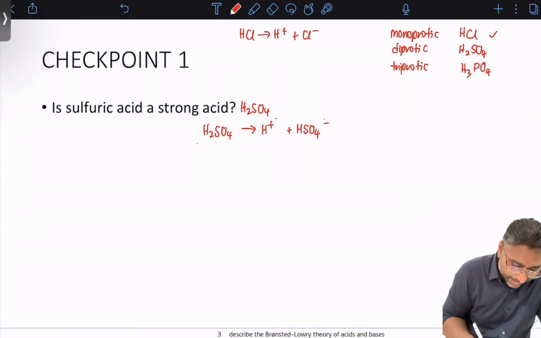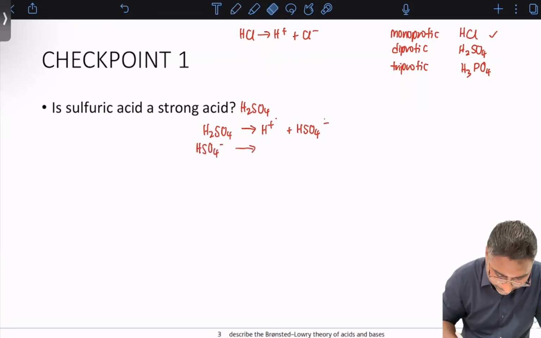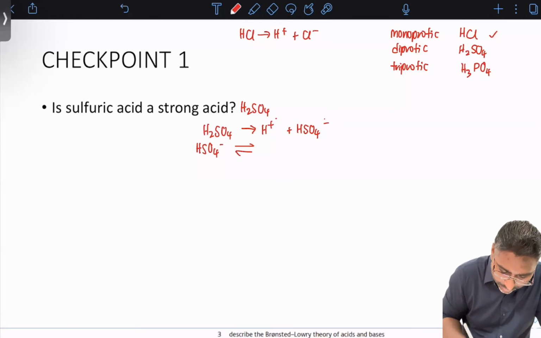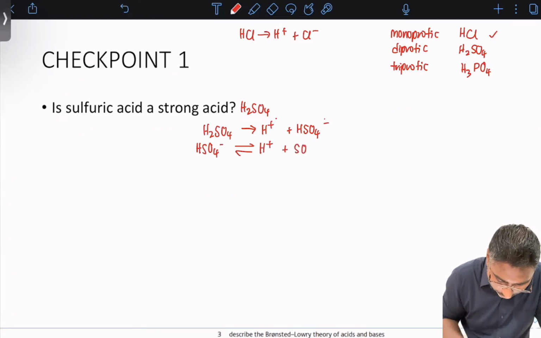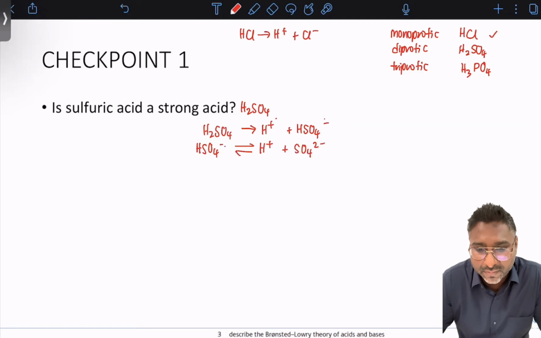But the second, HSO4 minus, when it gives you another H plus, do remember it's not a single straight arrow. Now this is going to be a reversible reaction. So they give you H plus and SO4 2 minus. You see, plus and 2 minus, they will give you minus over there. So this is something that you need to remember.